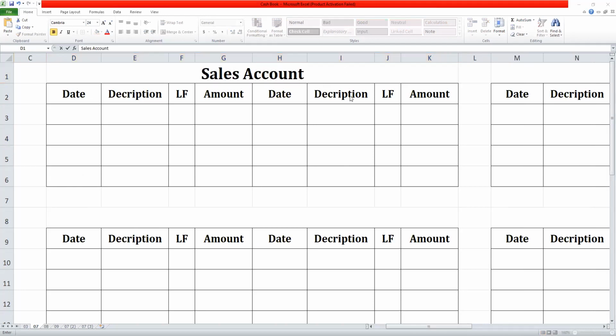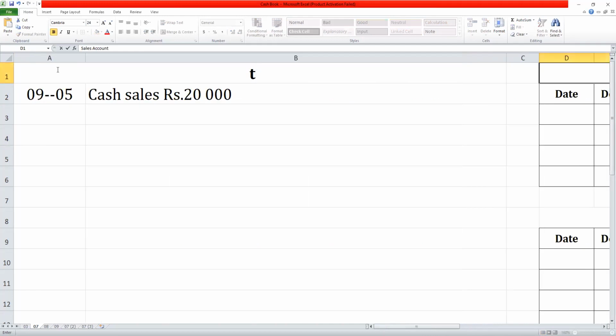That balance is not required. If you like, you can record the opening balance of cash.